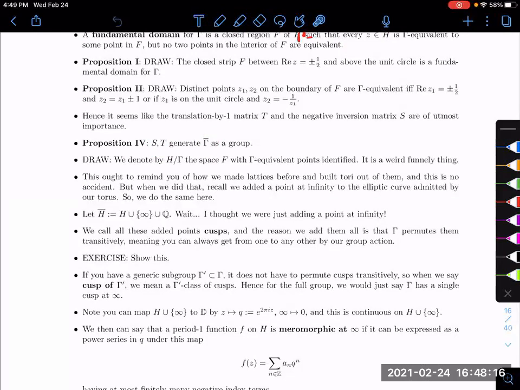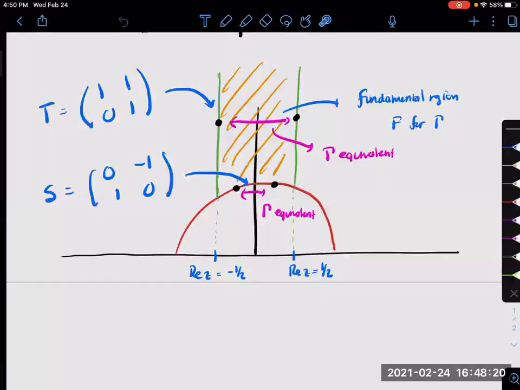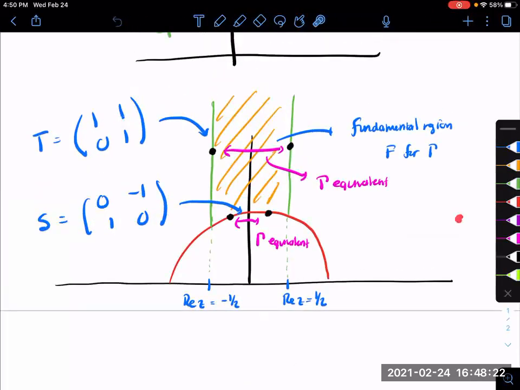So what's that saying geometrically? It's saying if you've got some random point in the upper half plane, you can always act on it by powers of only S and T to end up inside this orange region or on the boundary somewhere.